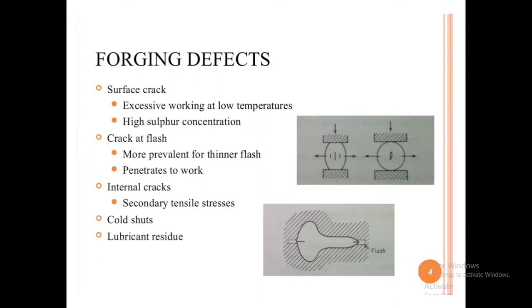For mild steel, if we use a temperature of, say, 1000 degrees Celsius, the same temperature will not be allowed for aluminum. So if we use aluminum as the raw material, the hot working temperature for aluminum is different, and the hot working temperature for mild steel is different. So we need to decide a specific temperature for a specific material, and then we need to work.